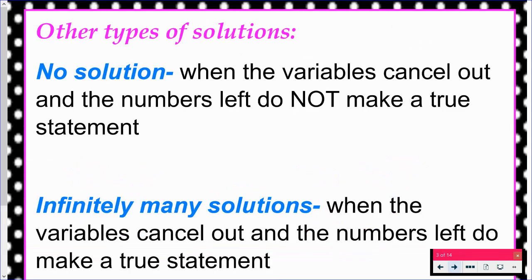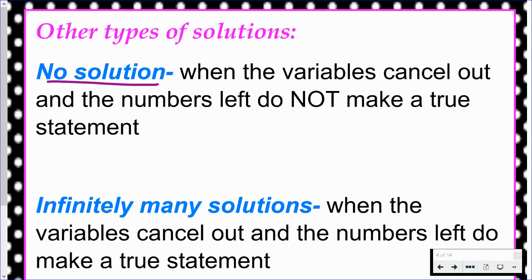Later on in the examples, we're going to see two other types of solutions that we've seen already when we were working with systems, and also with equations before: no solution and infinitely many solutions. When it's no solution, the variables cancel out and the numbers left do not make a true statement.